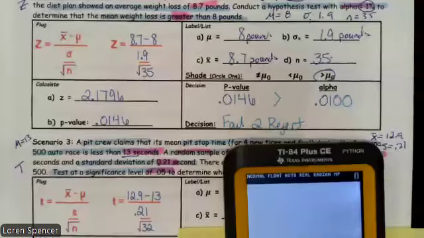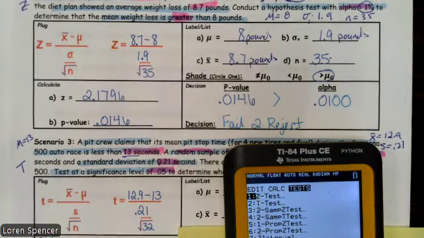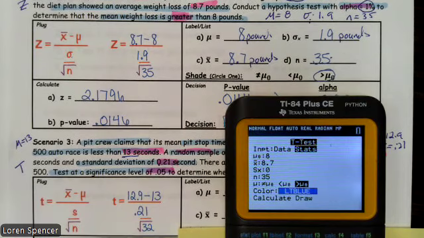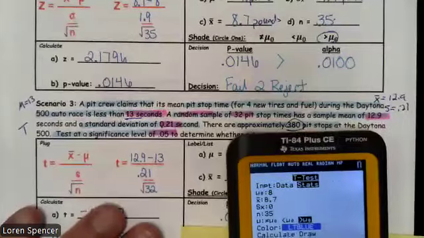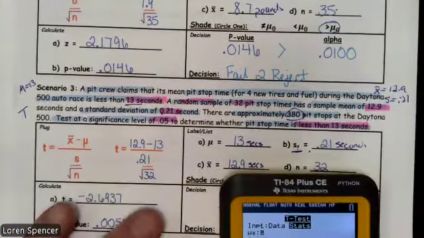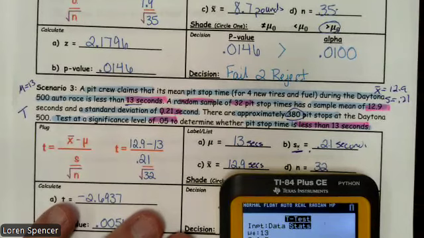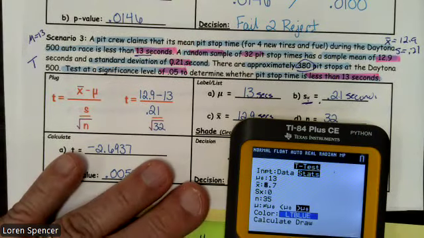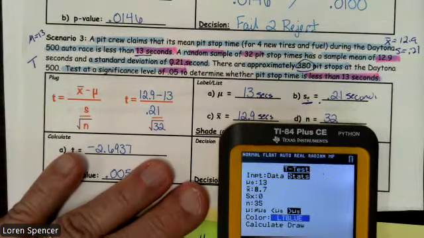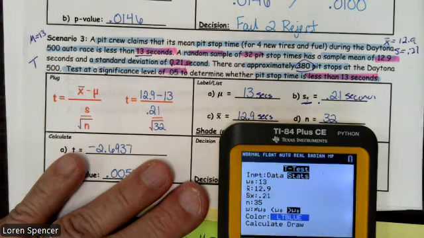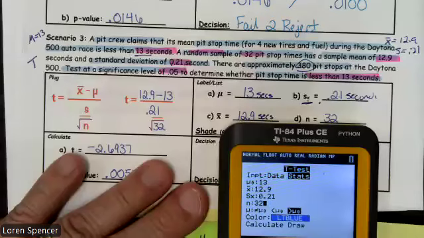So instead of Stat, Test, Z-Test, we're going to go Stat, Test, T-Test, which is number 2. And we have a mean of 13 seconds, a sample mean of 12.9 seconds, a sample standard deviation of 0.21, a sample size of 32, and we were testing based on our alternative to see if it was less.